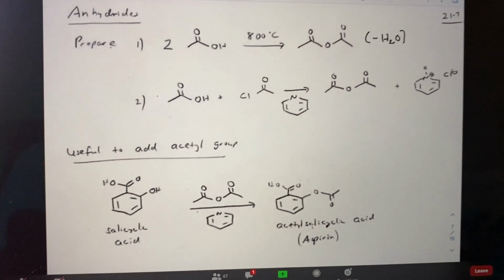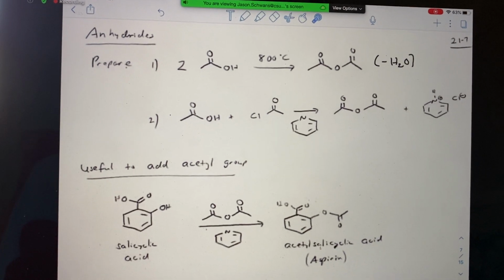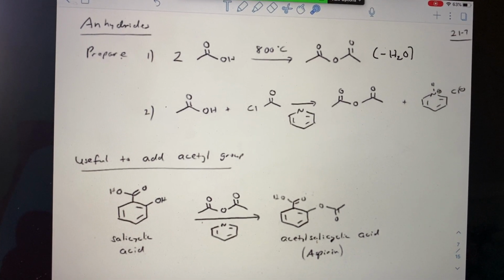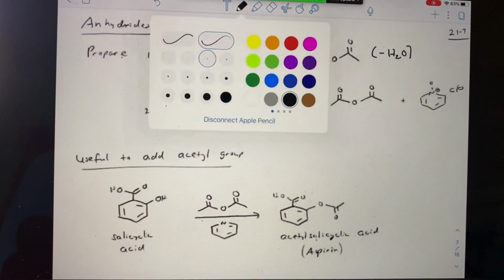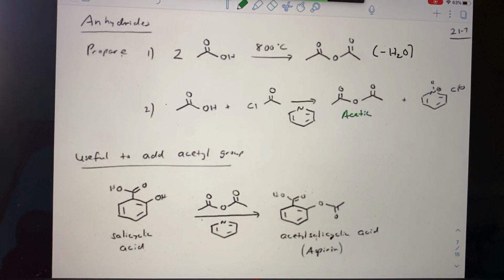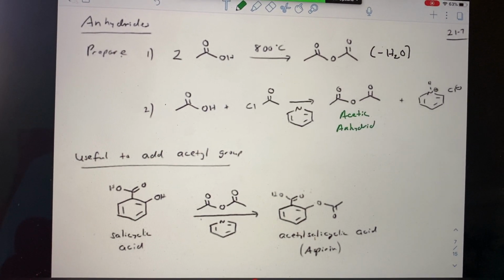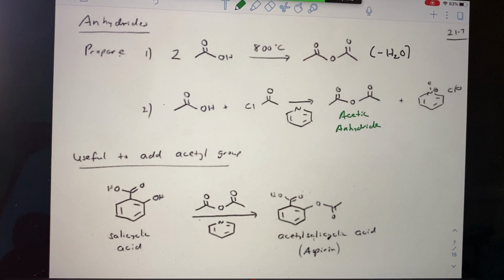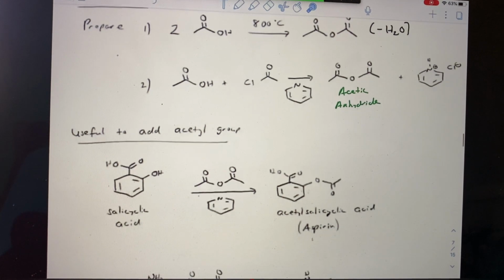So with the anhydrides, you will generally see those both being the same groups. And the most common one is this species here, which is acetic anhydride. Not the most stable. It can react with water, as we'll see.